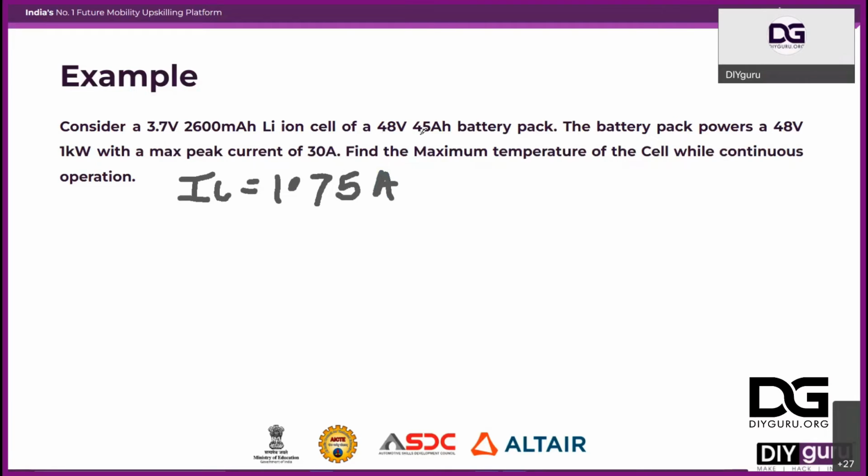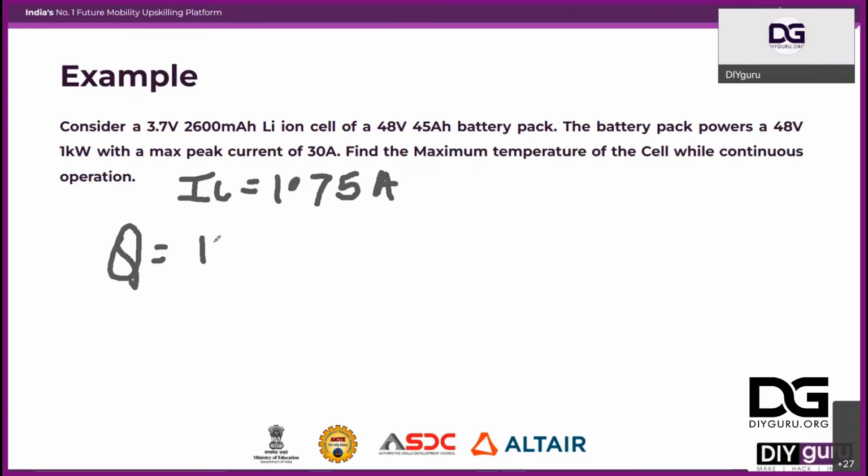If this were at 30 amps, it would be working at 1C rating, that is 2.6 amps over here. But what we're getting was 0.667. Now I'll calculate the joule heating.